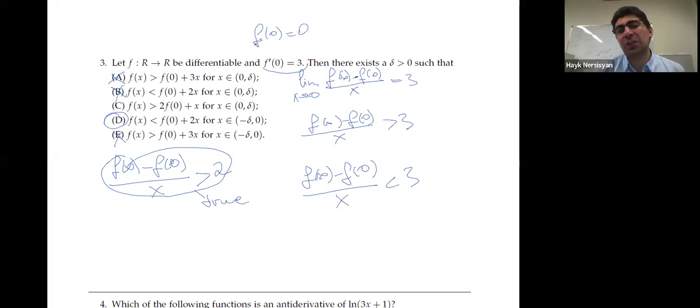There is nothing against this statement. If f of 0 equals 0, C can't be true. Yes, f of x being greater than x. So for C, we do not have any reason to believe it is true.